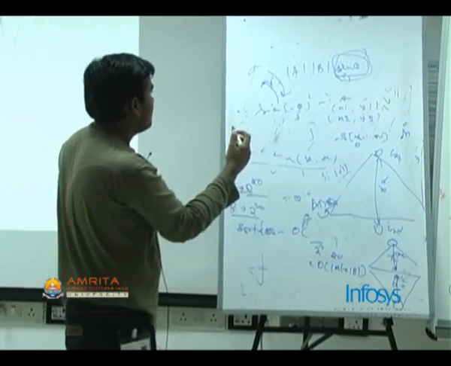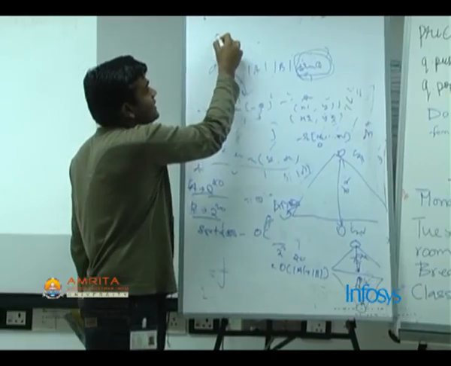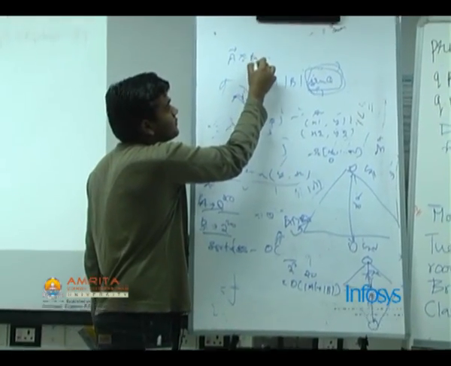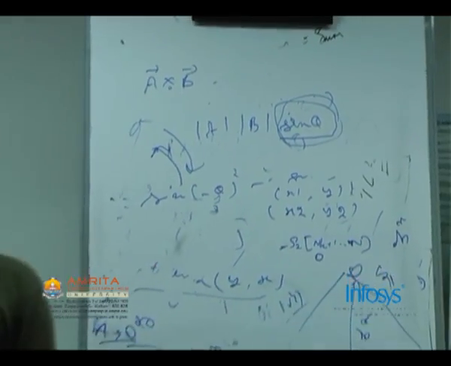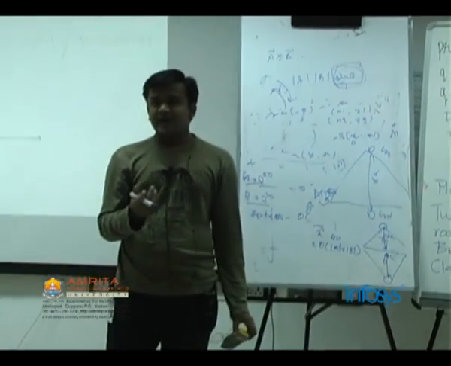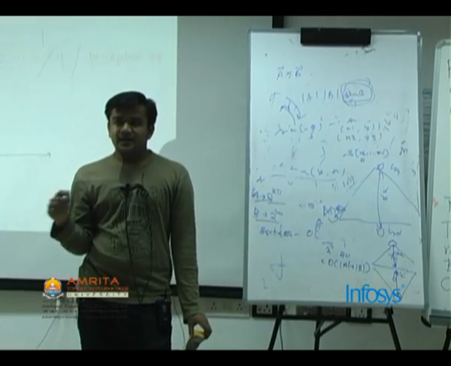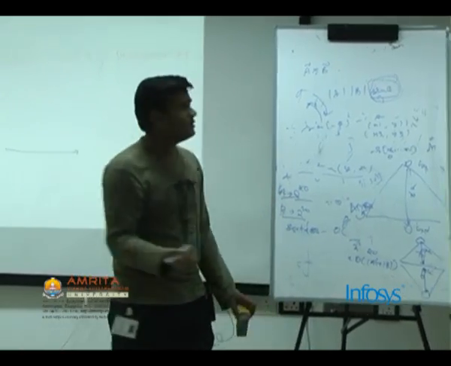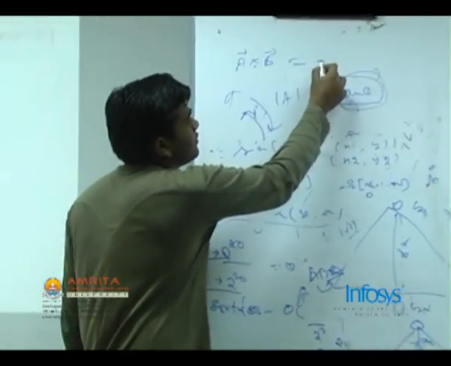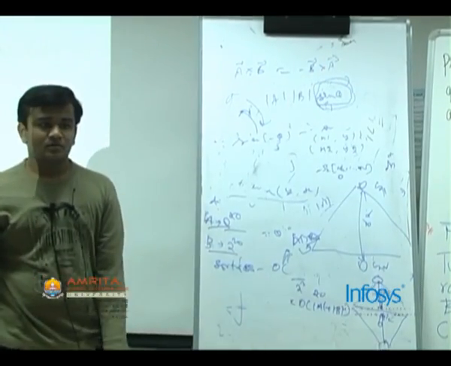So what I am trying to say here is A cross B is not the same as B cross A. When we take A cross B, we are trying to find the angle from A to B. When we take B cross A, we are trying to find the angle from B to A. Since they are reverse of each other, we can say A cross B is equal to minus B cross A. Is this clear?